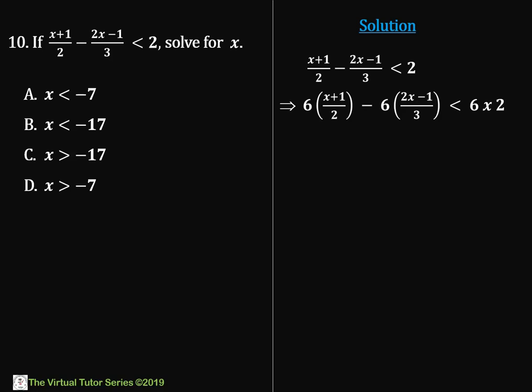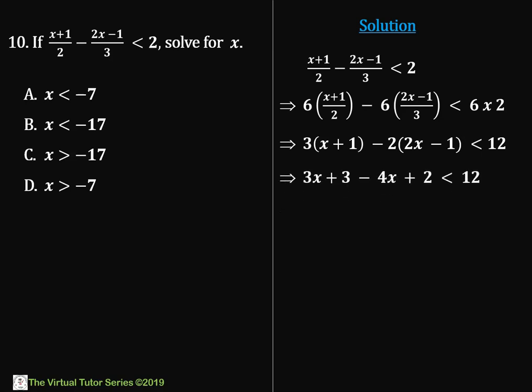So our inequality now becomes 3 into bracket x + 1 bracket close minus 2 into bracket 2x − 1 bracket close less than 12. Removing the brackets, we have 3x + 3 − 4x + 2 is less than 12.